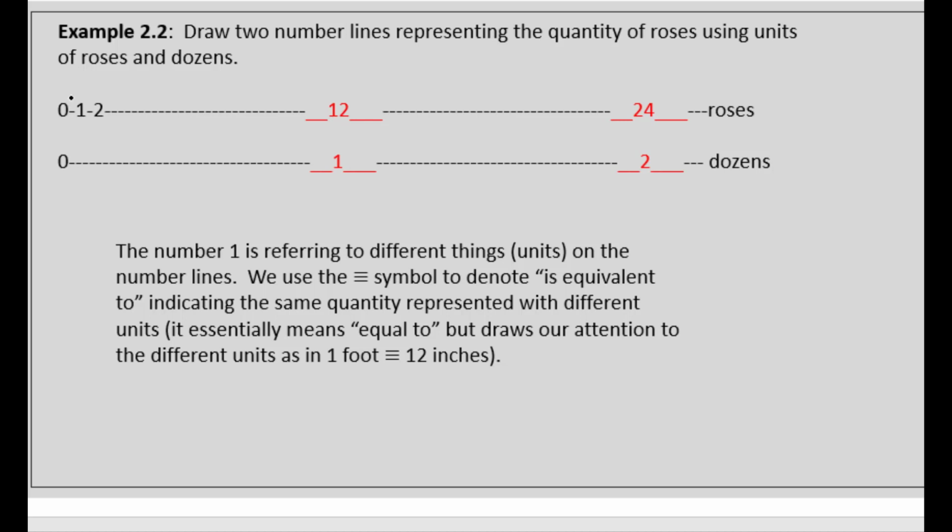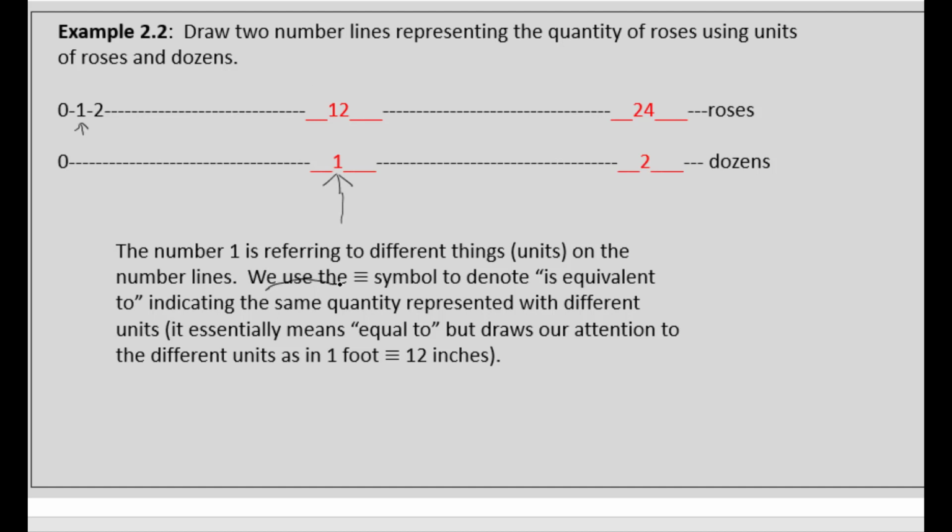Notice how the number 1 in this number line represents a different thing or unit than the number 1 on this number line. But these line up vertically, so this 1 and this 12 are equivalent.